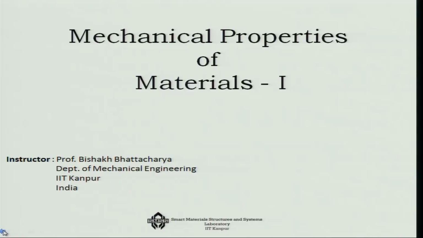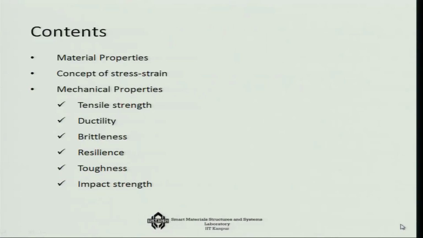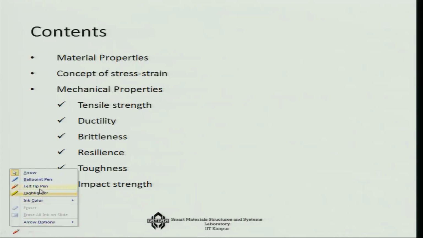Good morning, students. Today we are going to talk about the mechanical properties of materials. So, basically, the contents will be that first I will tell you broadly about the material properties that we generally consider, for example, when we are designing a product, and then we will go specifically into the domain of mechanical properties, where we will talk about the concept of stress and strain.